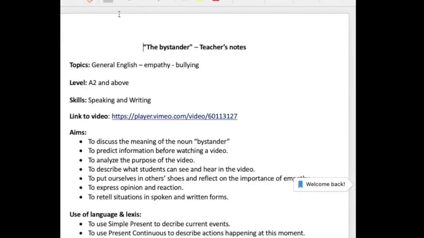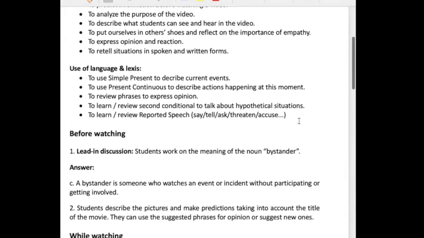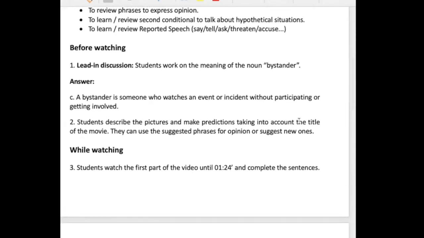Let's take a look at one other feature on your website. Okay, so we've got the teacher's notes here as Word documents. So we get the link again and the aims. Just tell us a little bit about the teacher's notes. What will a teacher actually find in your teacher's notes?